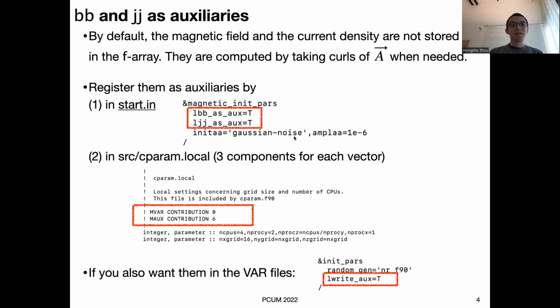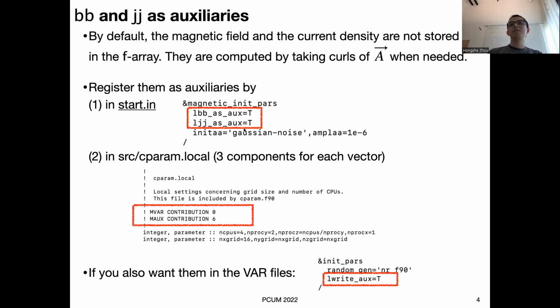Sahel has already mentioned that bb and jj, by default, are not stored in the f array. Only the vector potential is stored. So if you really want the magnetic field and current density to be in the f array, you can make them auxiliary variables. Basically, you say lbb_as_aux equals true, and you add a corresponding number to the cparam.local.